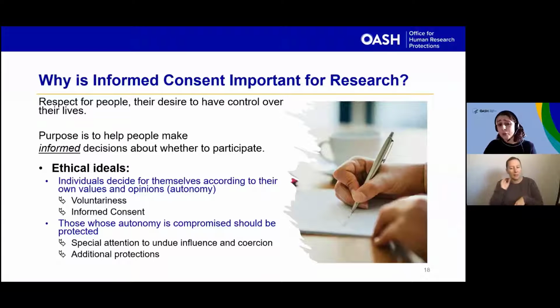And moreover, that those whose autonomy may be compromised, such as the elderly or those whose cognitive capacity has been diminished as a result of illness, should be offered additional protections to ensure voluntariness and informed decision-making about research participation. This is effectively all a question of public trust. And we have to remember that it is informed consent that renders research ethical and promotes public trust in the research enterprise.